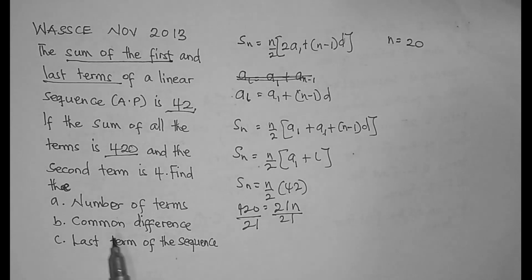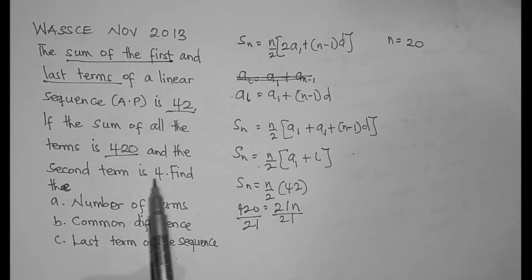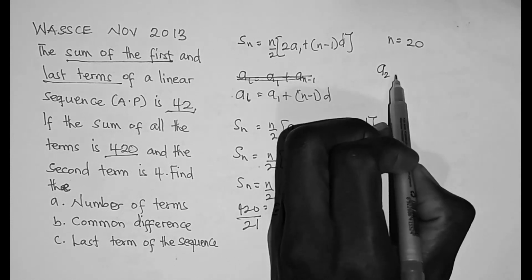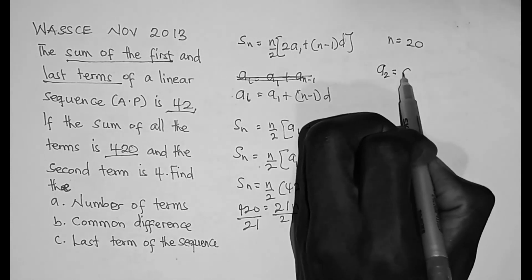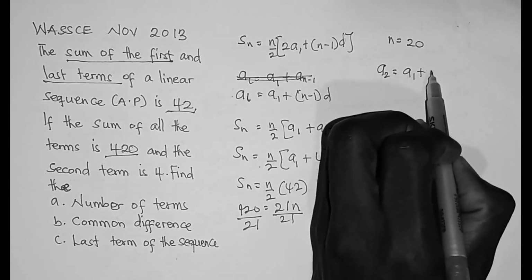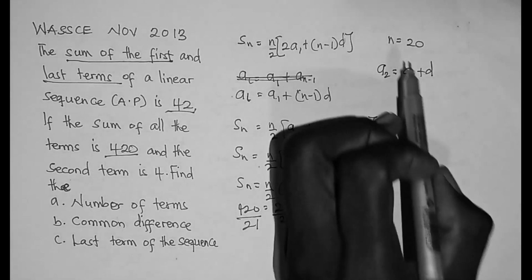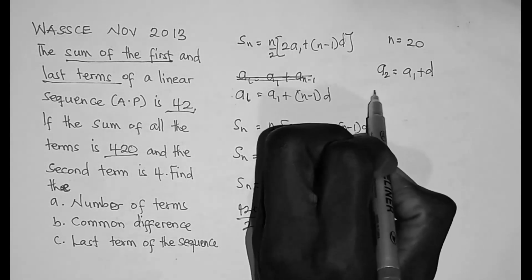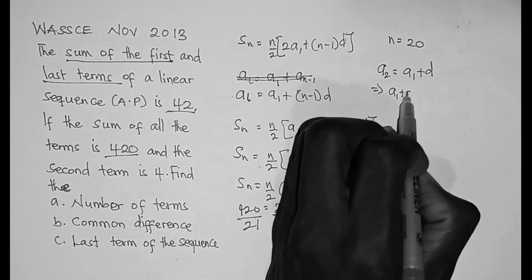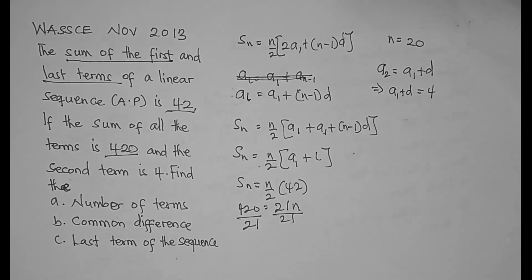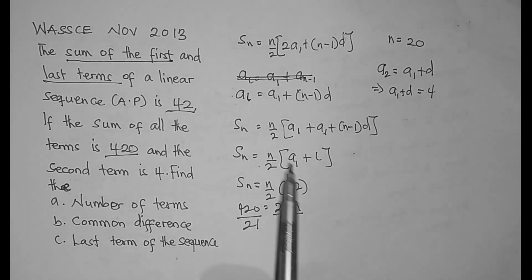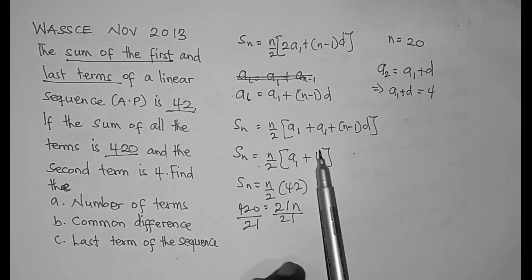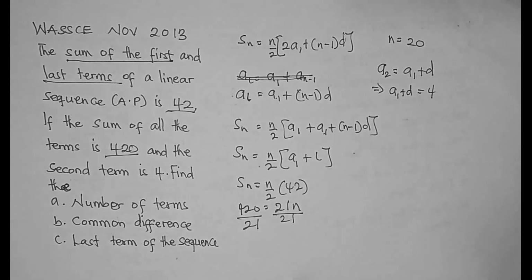And then we should find the common difference. However, the second term is 4. So the second term, a2, equals a1 plus d. This implies that a1 plus d is equal to 4. Since we know the total sum, together with this equation, let's write an equation in terms of a1 and d.